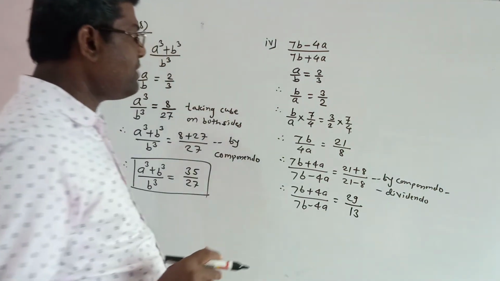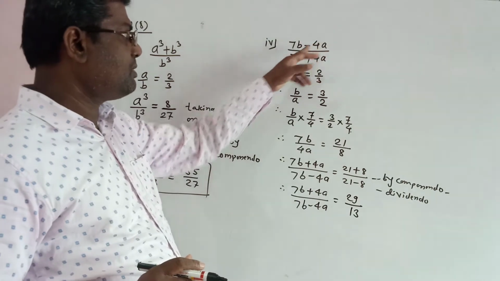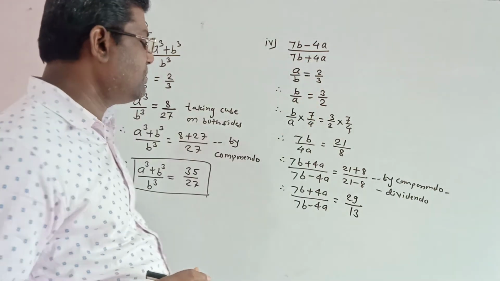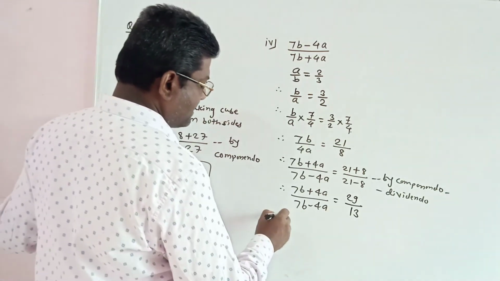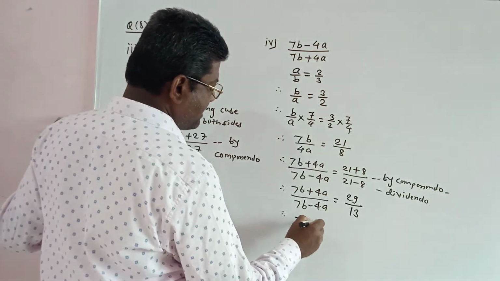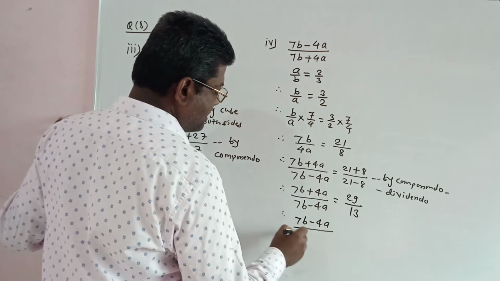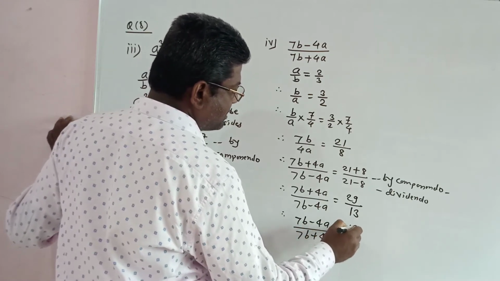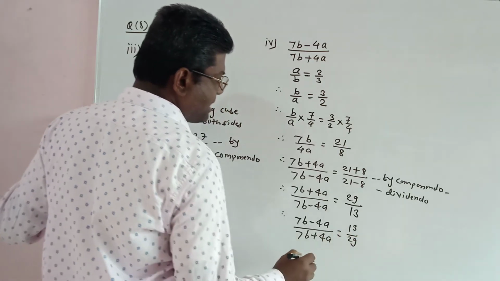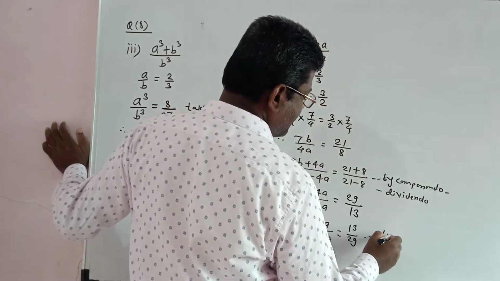But we want the value of 7B minus 4A upon 7B plus 4A. Therefore, we have to take invertendo here. Therefore, 7B minus 4A upon 7B plus 4A is equal to 13 upon 29. The reason is by invertendo.